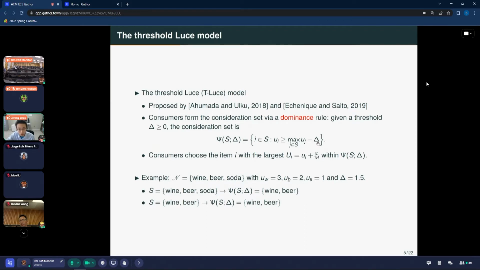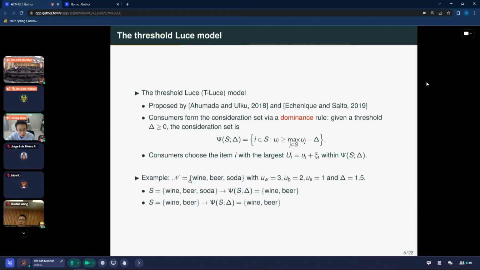If this delta is infinity, basically the consumer doesn't do any screening. But if this delta is very small, then the consumer will screen a lot of items out, right? And after we form this consideration set, the consumer will choose the one with the highest realized utility only within this consideration set, right? So this is the T-Luce model, right?